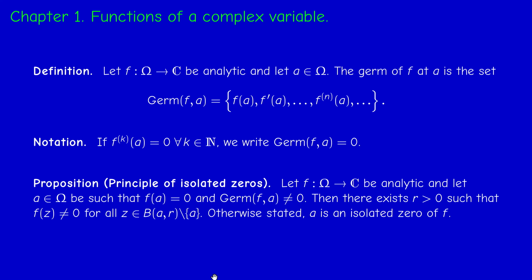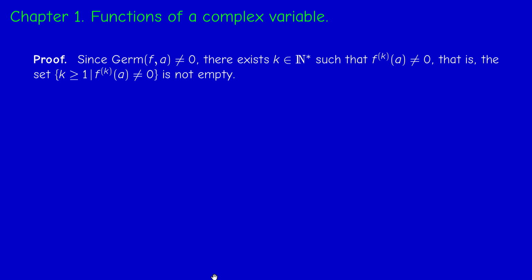Why is this true? It's not difficult actually. We go back to the definition and work as if we work with polynomials, but instead of having a finite sum, we have an infinite sum, which is convergent. As I said, if the germ is not trivial, then some derivative does not vanish. So the set of integers k such that f^(k)(A) is not zero is not empty.